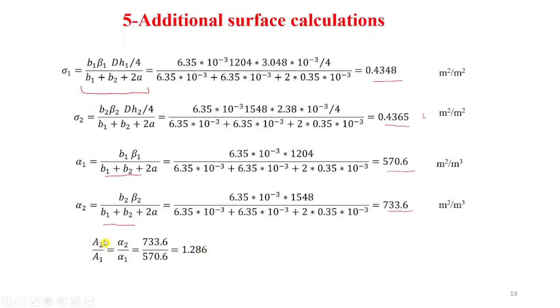From the input data, actually we can calculate the heat rate of this heat exchanger, which is basically equal to the mass flow rate multiplied by the specific heat multiplied by the temperature difference for side 1, the inlet temperature minus the outlet temperature for the hot fluid. This will give you the heat rate, which is 905 kilowatt.